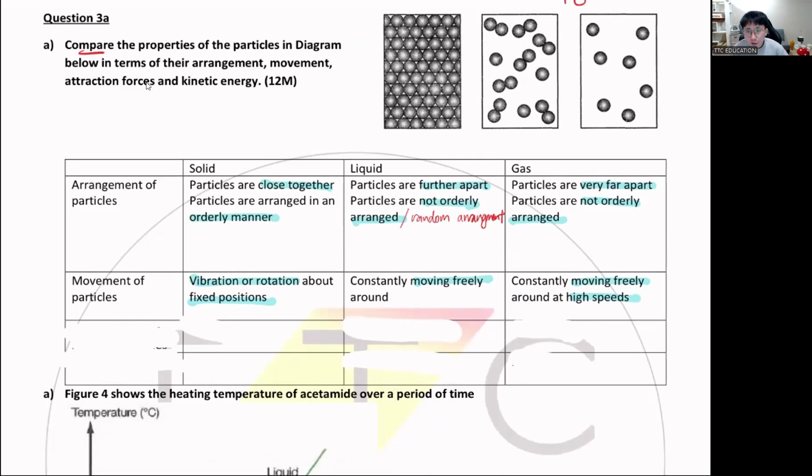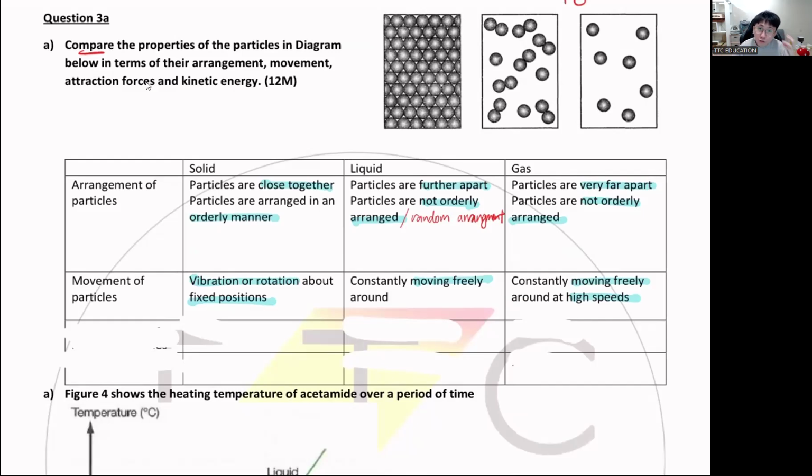Okay, for attraction force, guys, attraction force is based on what? Like, how do I know that you are attracted to me, I'm attracted to you? It's the distance between us. If you are very near to your friend, to your crush, so high attraction, strong attraction force. But if you're really far away, the girl that you like is at a different school, then the attraction force is slightly weaker. If the girl you like is in another country, lagi weak attraction force.